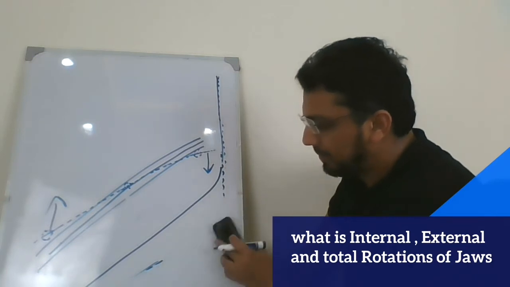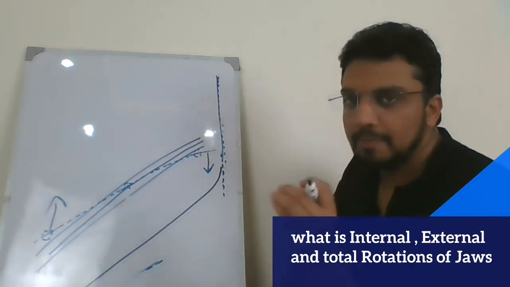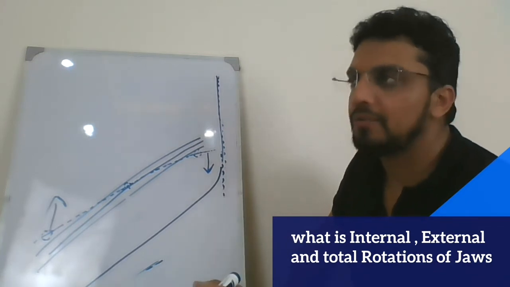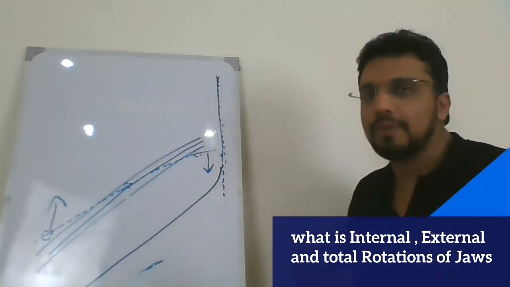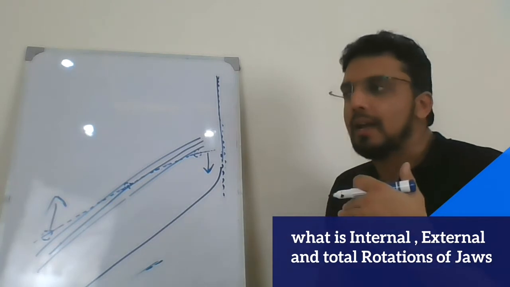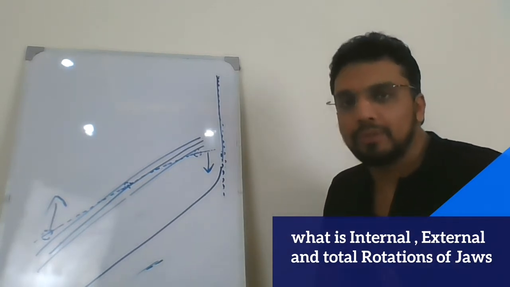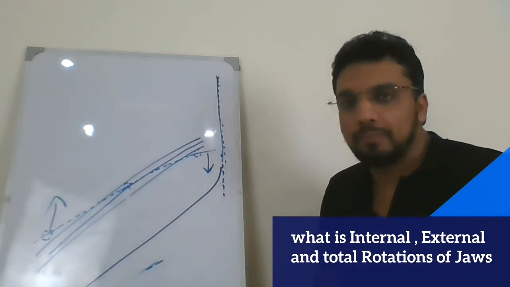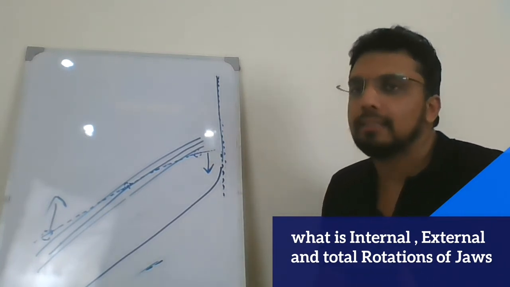in the position. A simple message is this: what is external rotation? External rotation is because of the surface remodeling, because of the deposition on one area of the bone and resorption on another area of the bone, the change in the position of the bone is called the external rotation.